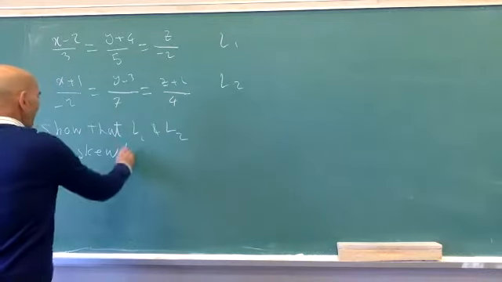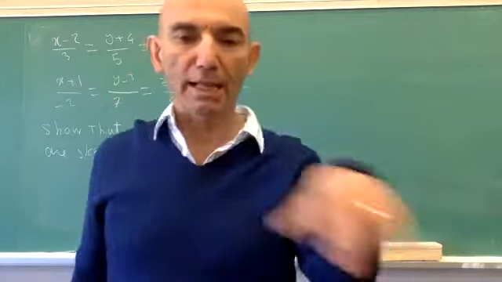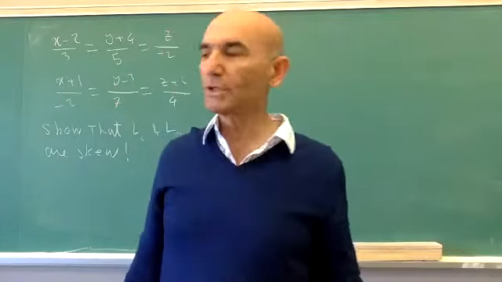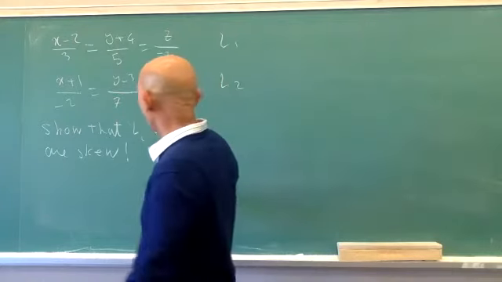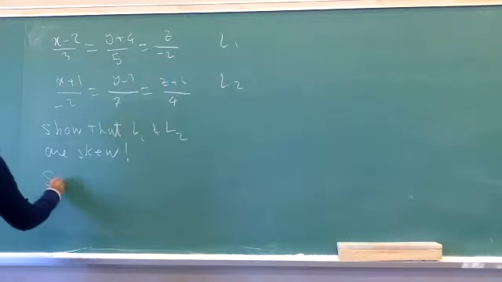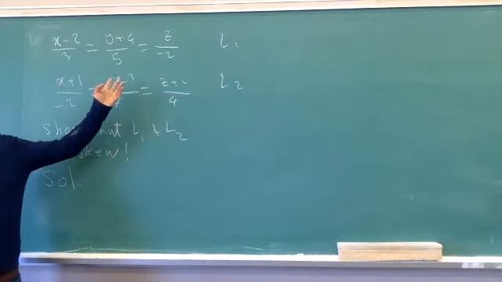Okay, how do you do that? Also, the class, I want the class to try this. How do you do this? They are not parallel, they have no intersection. Yeah, we go one by one. So solution: you ask yourself, are they parallel?